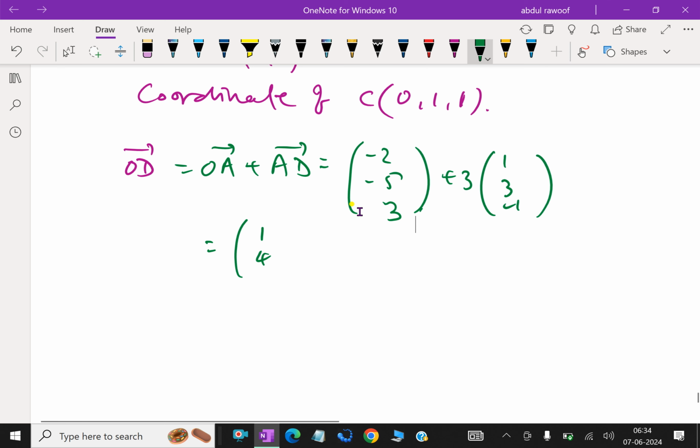Then 3 minus 3 is 0. We got vector OD. Therefore the coordinate of D is 1, 4, 0.